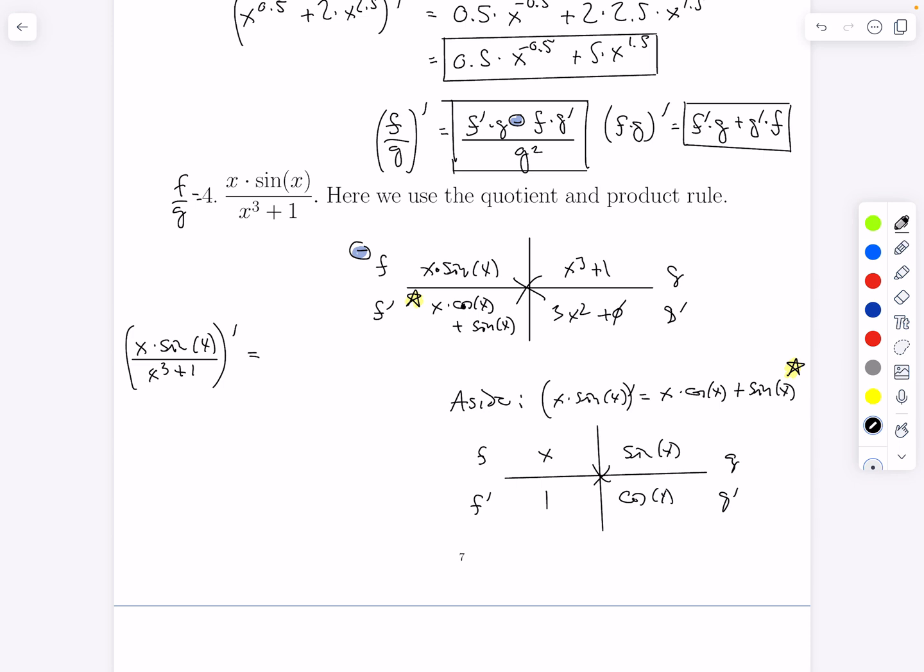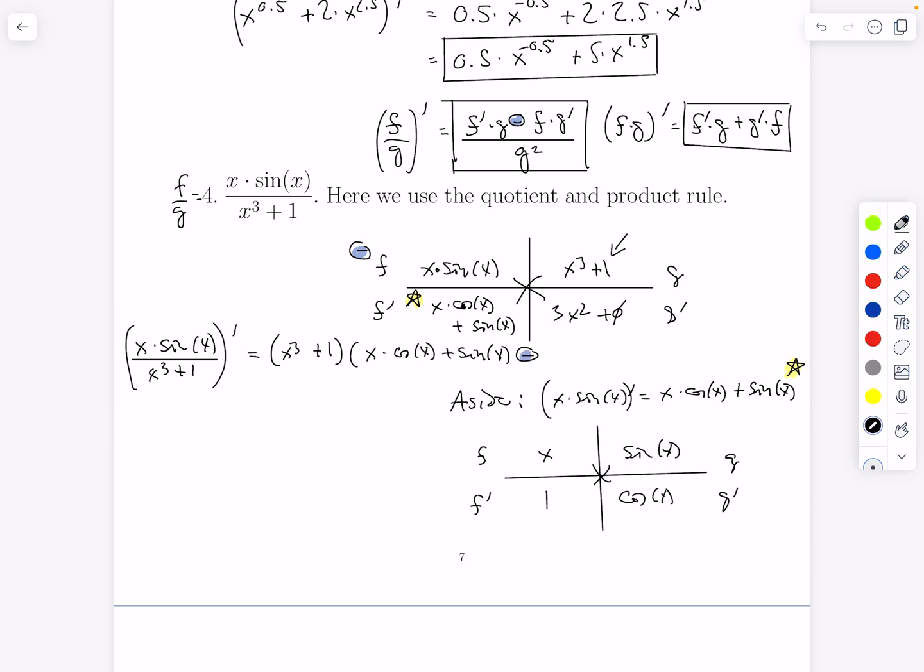And that is, I do the minus later, so I start here. x cubed plus 1 times x times cosine x plus sine x, plus, or minus now, minus what?